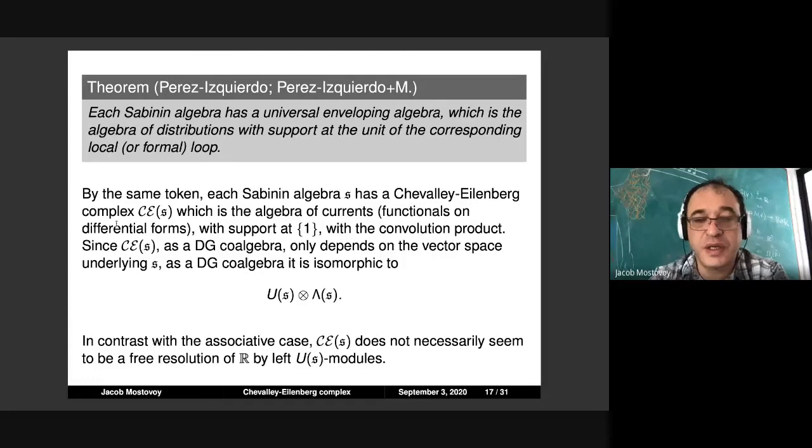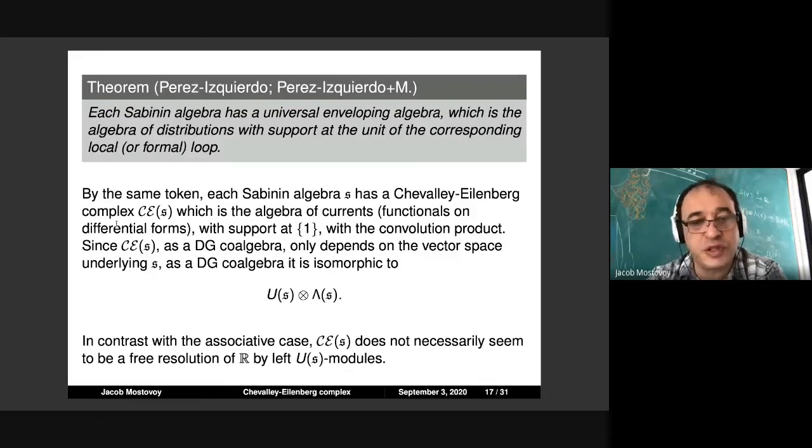Here one interesting thing is the following. The Chevalley-Eilenberg complex, as a chain complex, only depends on the underlying vector space, because it's dual to the differential forms.